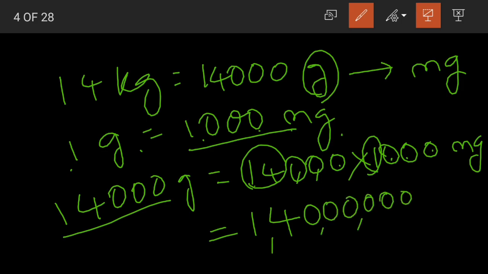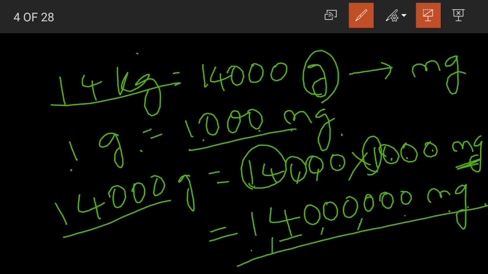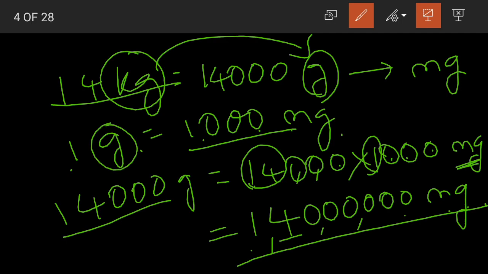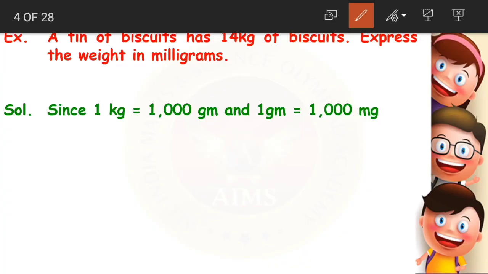And then what is the unit here? The unit is milligrams. What answer did we get? 1 crore 40 lakh milligrams. Right students? 14 kilograms is equal to 1 crore 40 lakh milligrams. How did we get this? First we converted the kilograms into grams and then the grams were converted into milligrams.